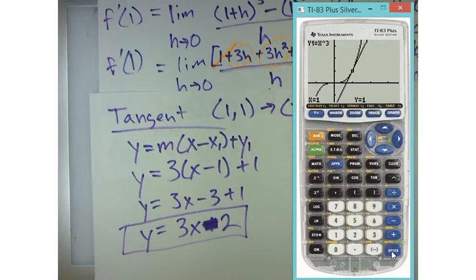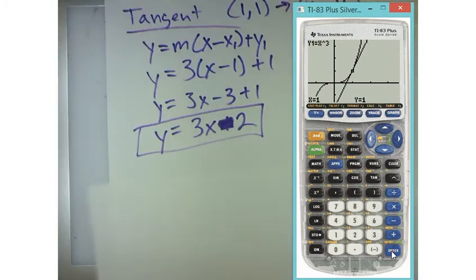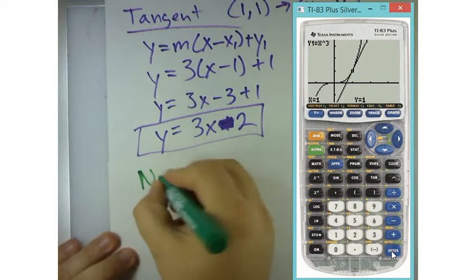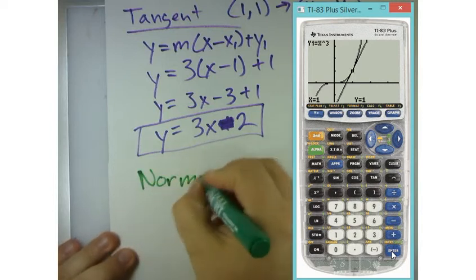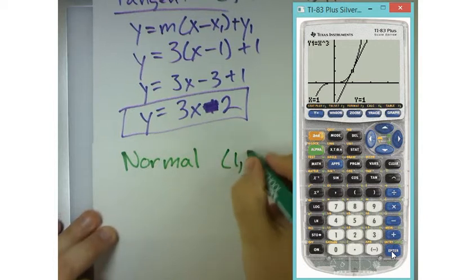Now the normal line has to be perpendicular to this line. So how do I write the normal line? Well, the normal line is perpendicular to this line. So we still do the same thing. It's an equation of the line, but with the negative reciprocal slope, and it's still going to pass through the point 1 comma 1.